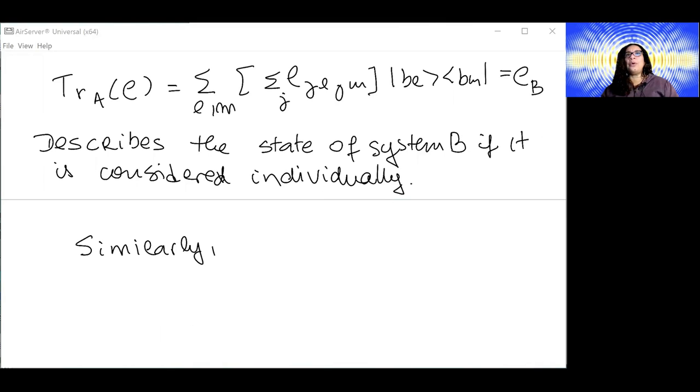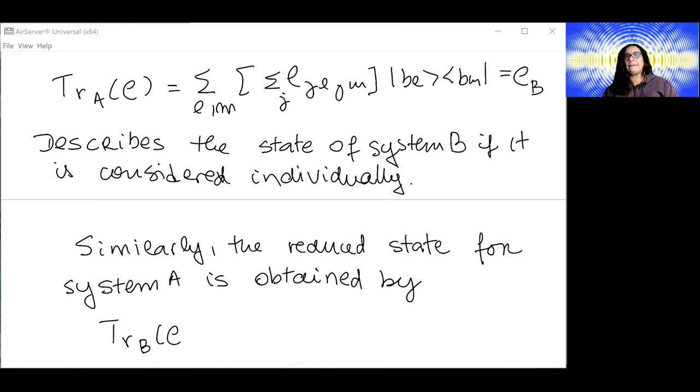So you have rho, J, L, K, L, and you are summing over L, and then here you have A, J, A, K, and this we call rho A. So you have then the reduced state of the system A, and here you have the reduced state of the system B.